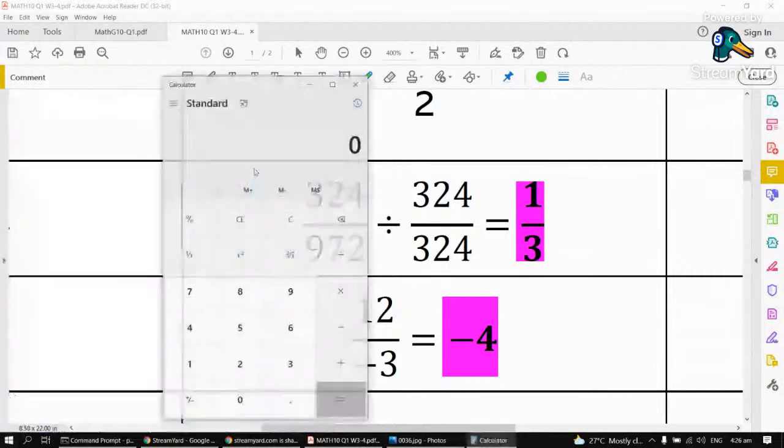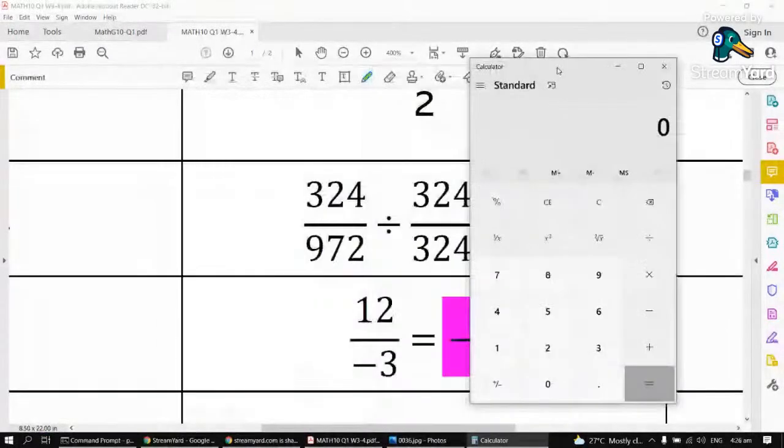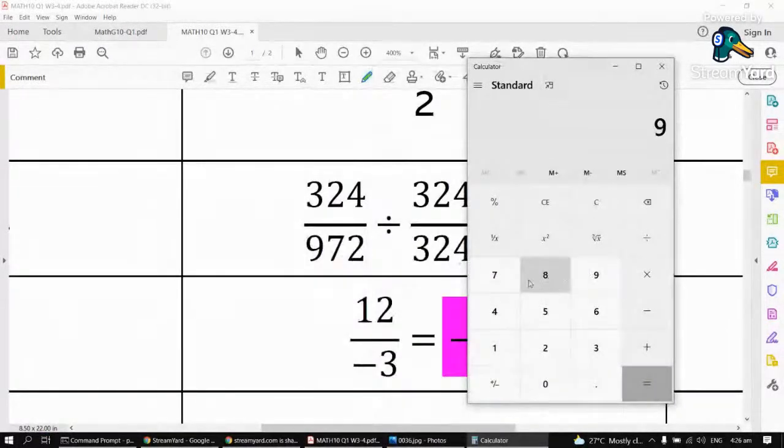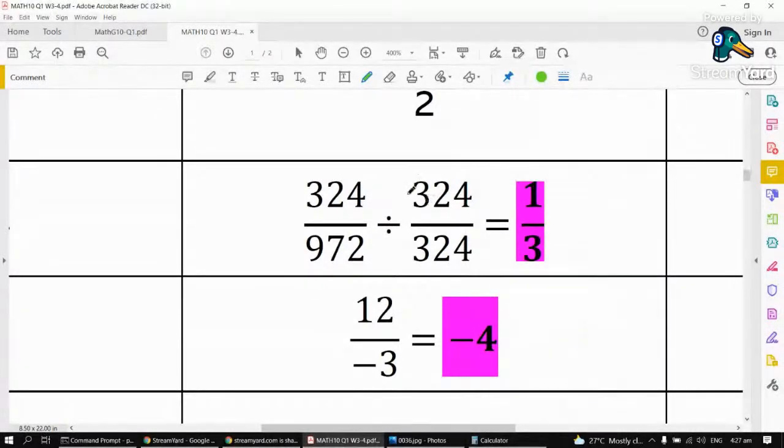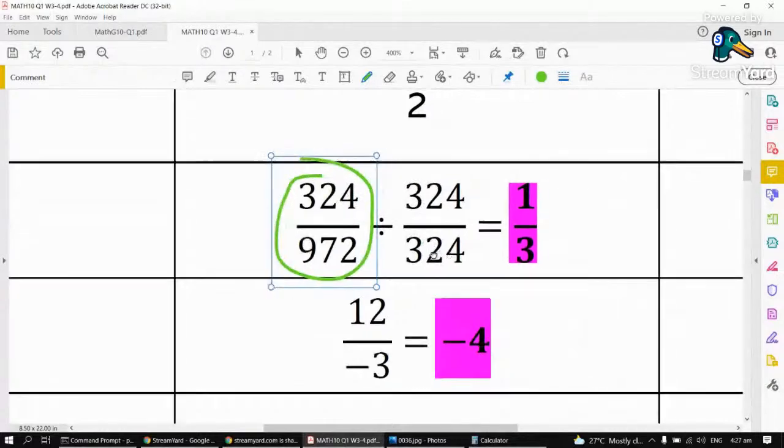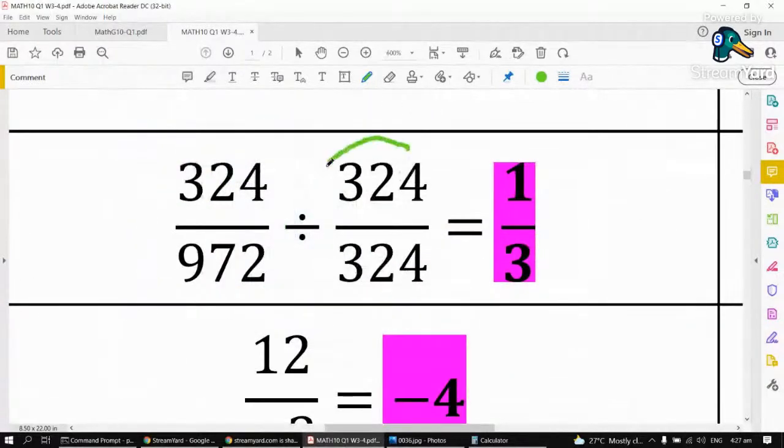Tingnan natin ang ating calculator. 972 divided by 324. Ang sagot is 3, no? So, i-divide natin to ng 324 over 324.